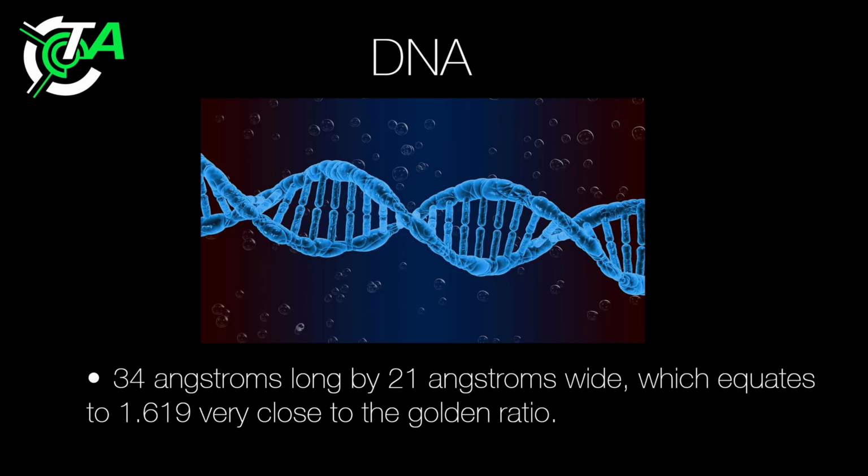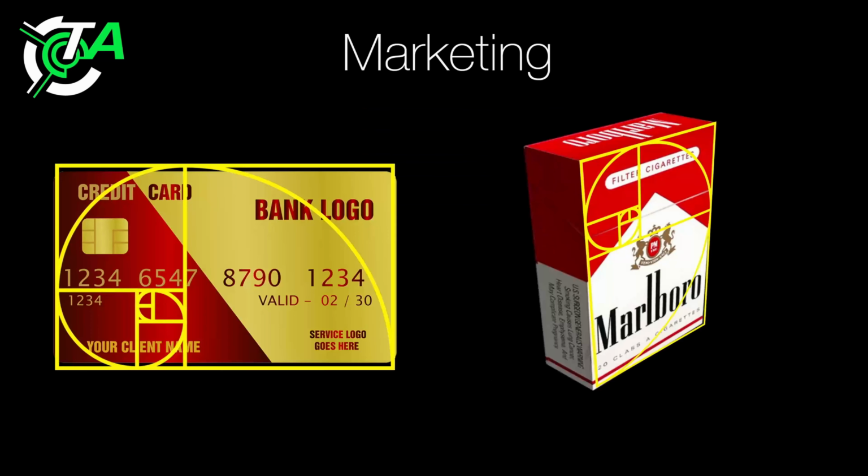The next place you'll find it is our DNA. Our DNA strand is 34 angstroms long by 21 angstroms wide, and that equates to 1.619, which is very close to the golden ratio. You also find it in marketing and some daily items. You can see here a credit card is pretty close to a Fibonacci ratio.